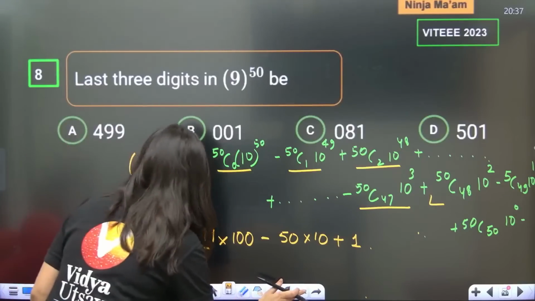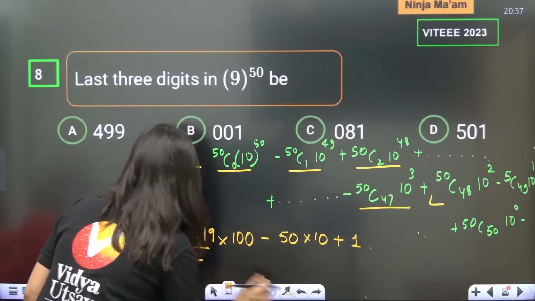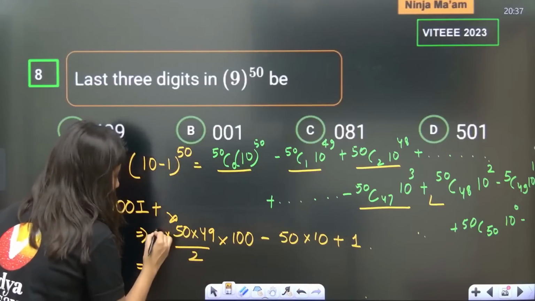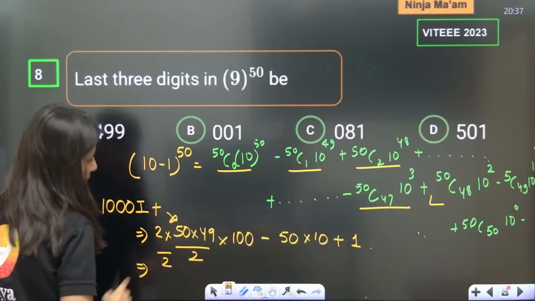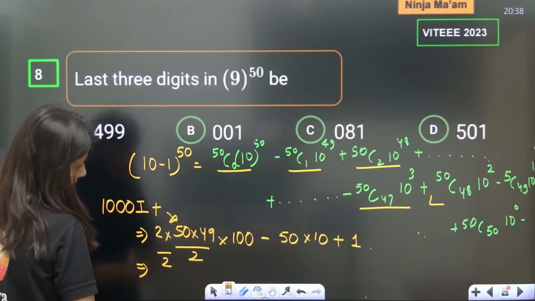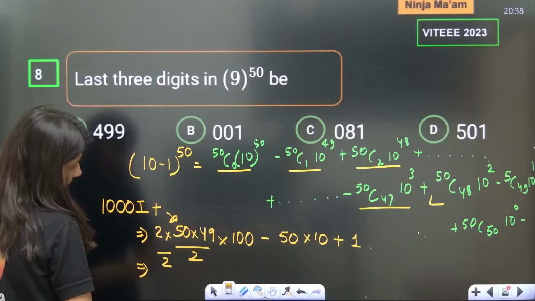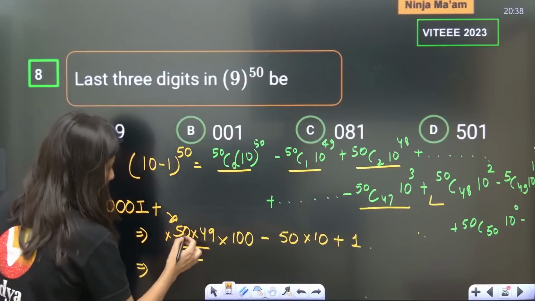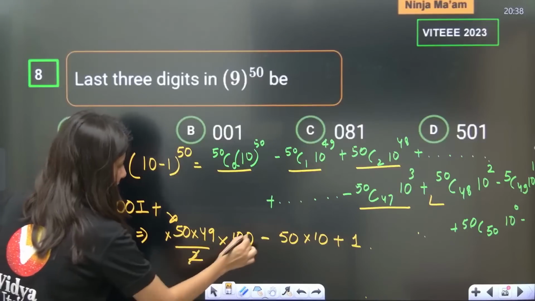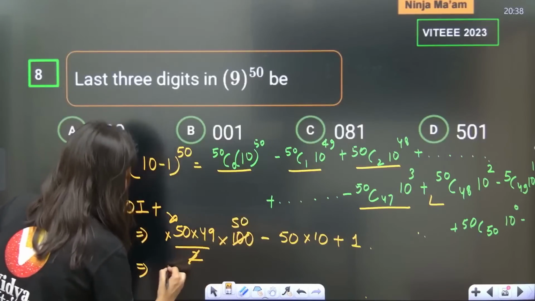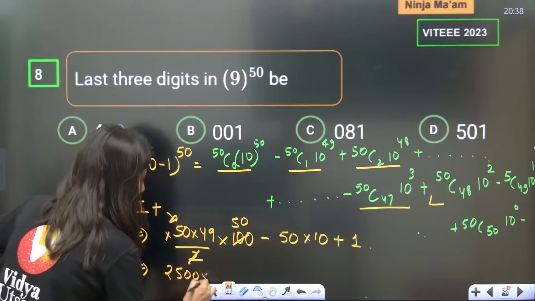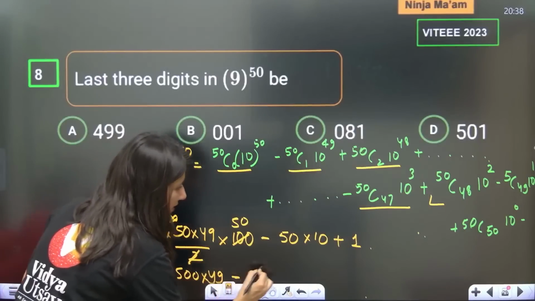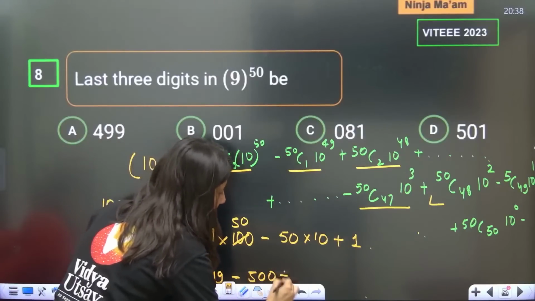Or what you can do is, you can divide 50 by 2, which gives 25, and 25 into 100. Calculate this now for me. 5 5s are 25, so 2500 into 49, minus 500, plus 1.